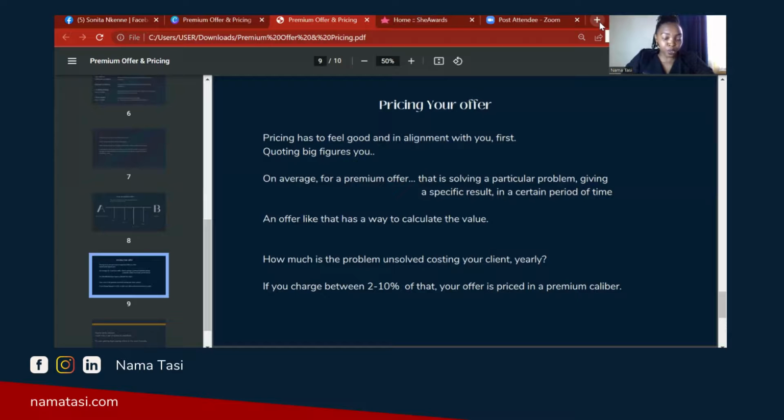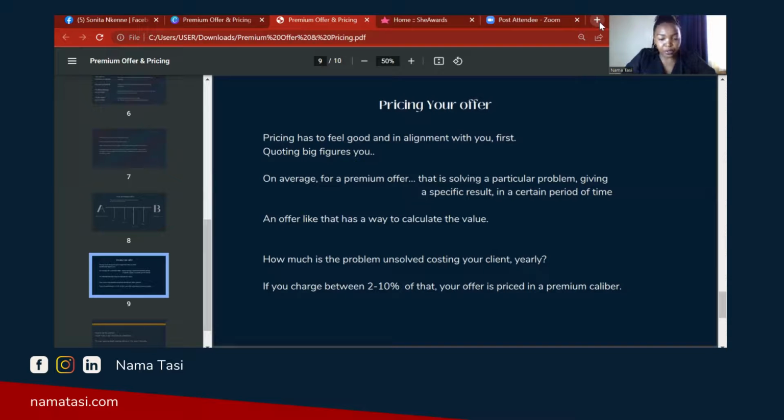They're spending 2 hours every day on LinkedIn and they're not getting results. So that is $600, right? $300 times 2 hours is 600, and let's say they do this 5 days a week.